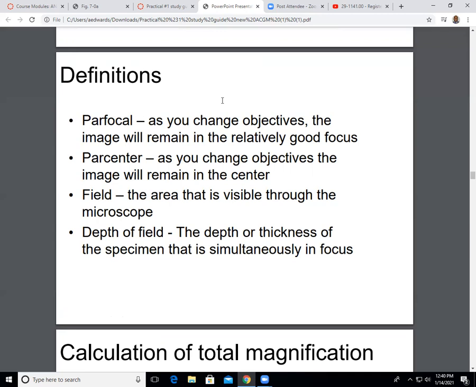And I'll just tell you, with this kind of microscope, you're not going to see a lot of depth of field. Okay, those scanning electron microscopes we showed you before, showing the surface, you saw lots of depth of field, right? You can see it's three-dimensional. Not so much with these. Okay, so parfocal, parcenter, field, depth of field.